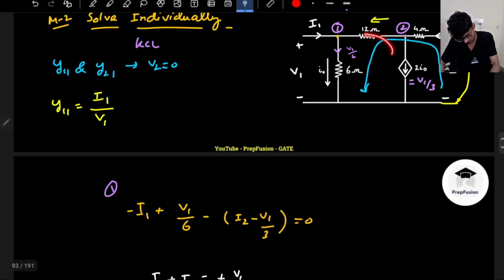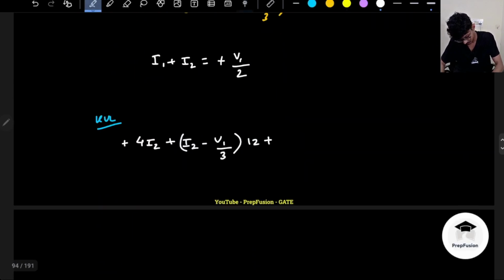This whole voltage is V1 only, right? So this will be plus V1 equals 0. So from here, this will be 4 minus 4V1 plus V1, so this will be minus 3V1.